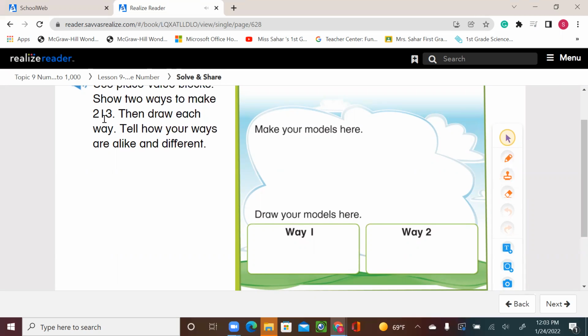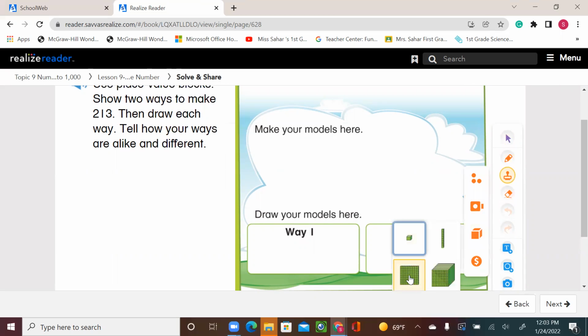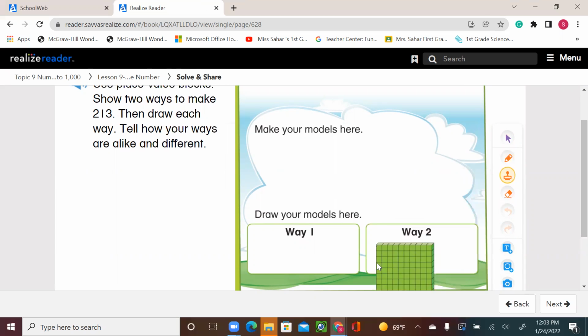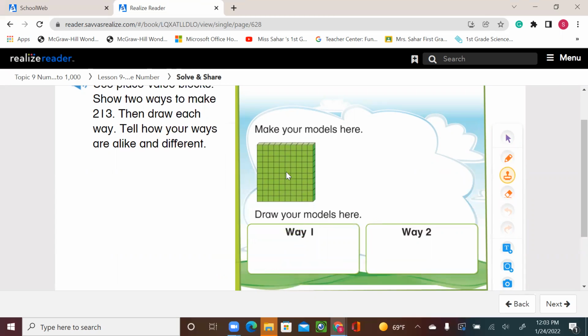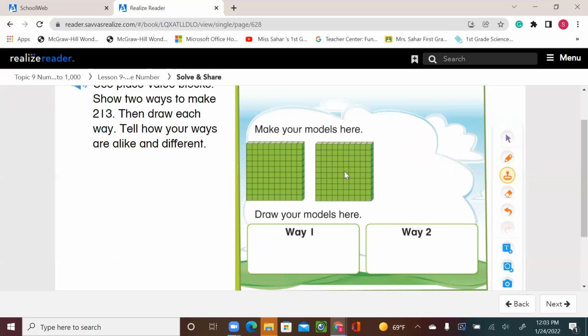So I have 213. One of the ways I will do, I'm gonna have 200. So I'm gonna put it here. This is because I see 200, so that's flat 100. That's the second 100, and then I'm gonna have 110.